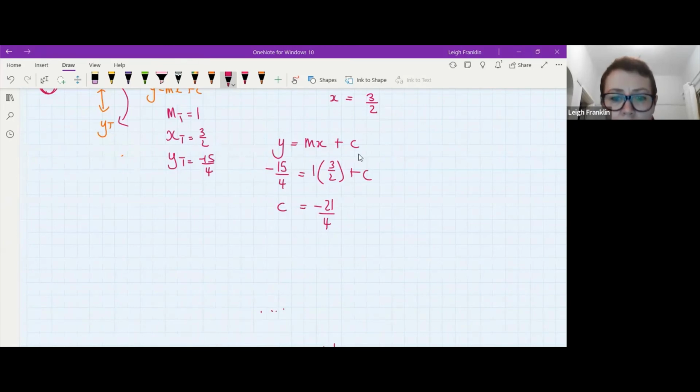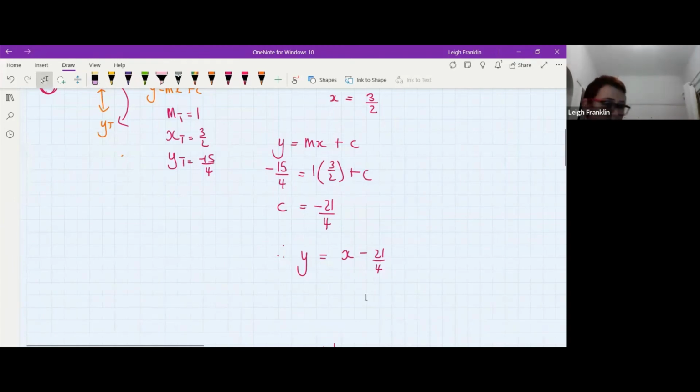Therefore the equation of the tangent is the line y equals 1x minus 21 over 4. Everybody happy with that?